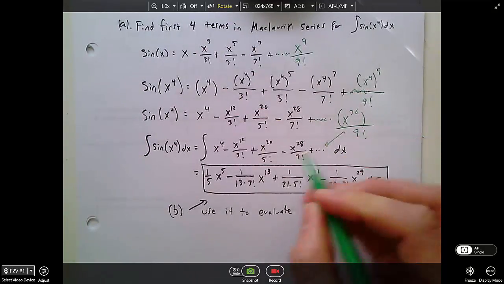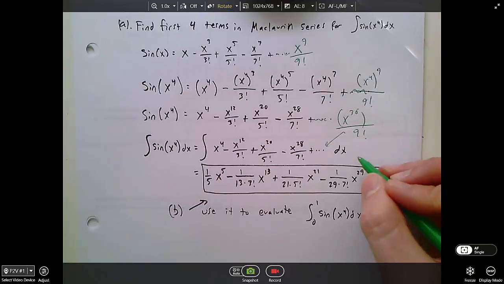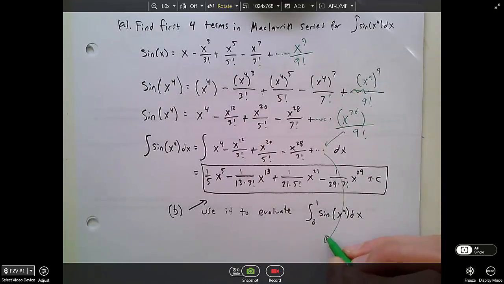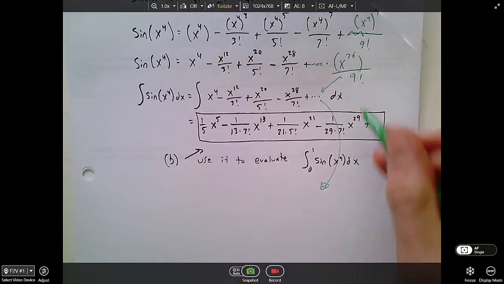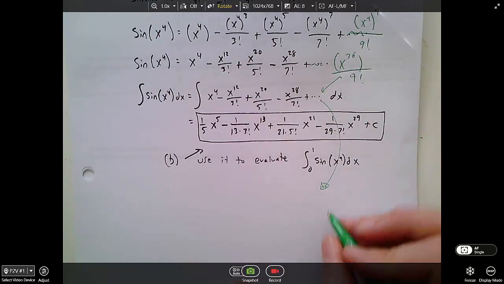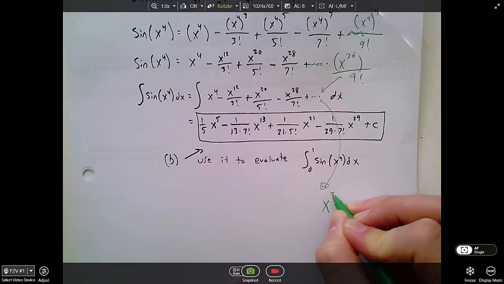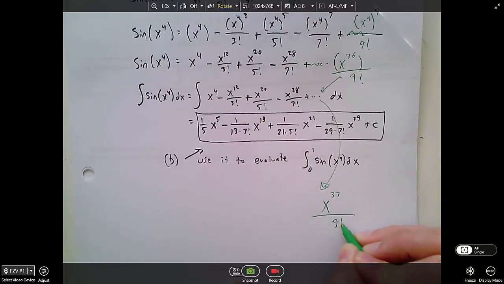And so that gets added to our integral. I'll write it down here. So once that gets added to our integral, the 36th power becomes a 37th power. So I've got x to the 37, and that's still over 9 factorial. But I need to have a 1 over 37 factor in there. So this is what the next term in the series would be.